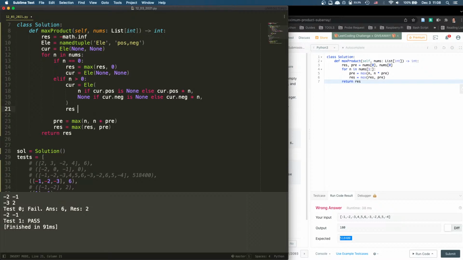So res equals max res. Oh, and also it could be none. So res, current dot positive, current dot negative. I can do this at the end.